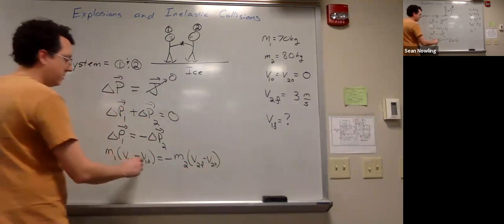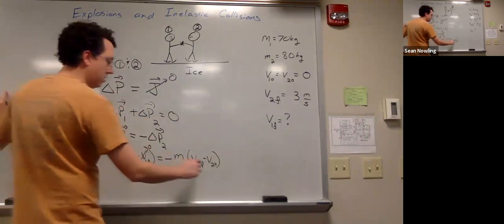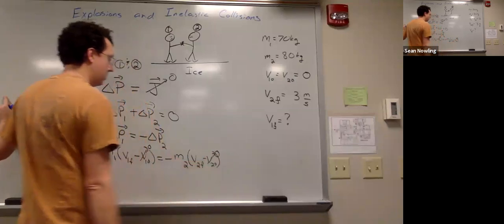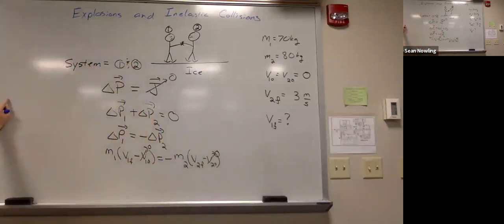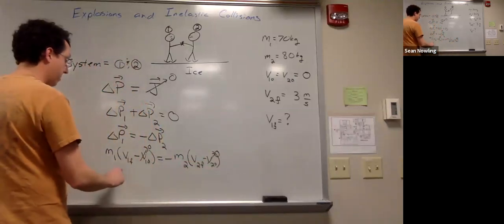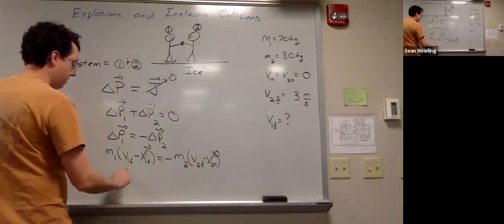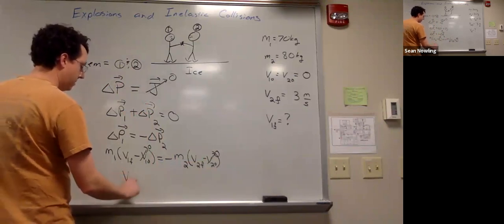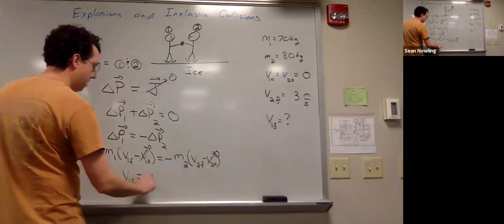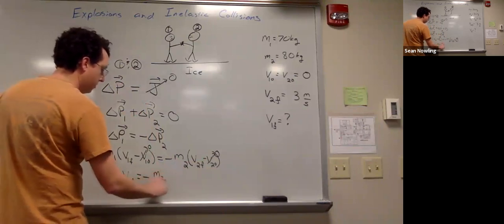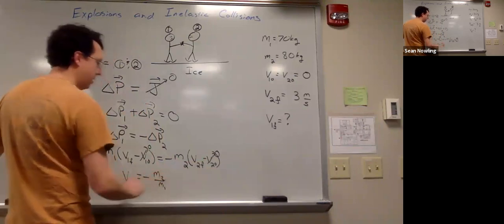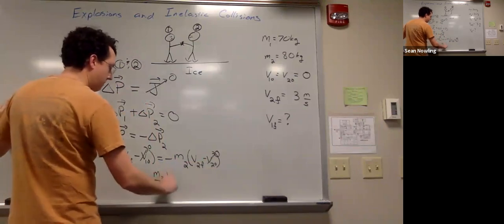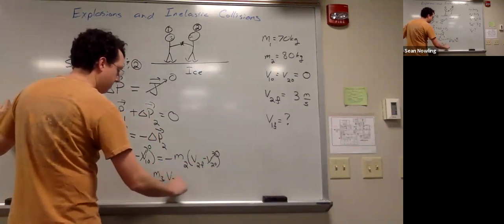The initial velocities for both of them were 0. And I find the following expression, that the final velocity for skater 1 equals minus m2 divided by m1 times v2 final.